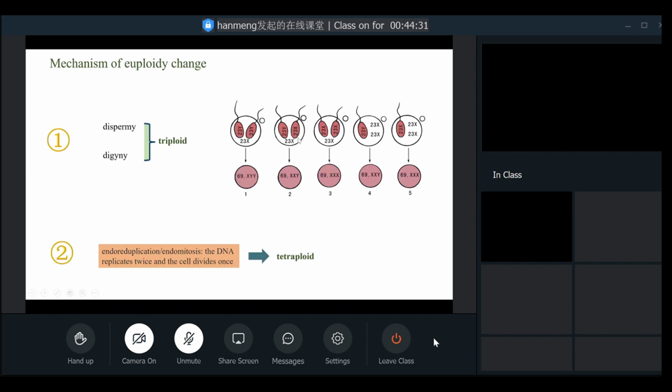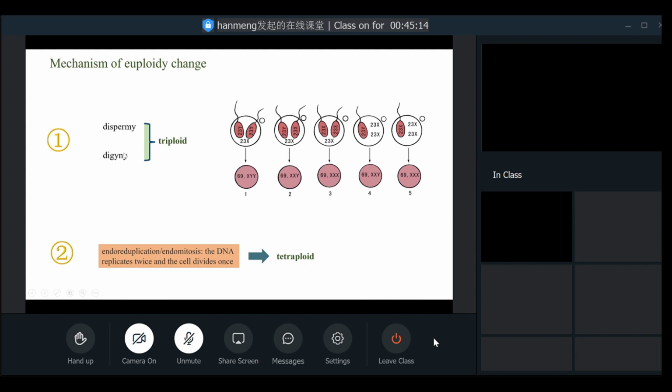The other is the first 3 is also 2 sperms, the dispermy, 2 sperms into 1 egg cell. But the sex chromosome of the sperm may be YY or YX or XX. So the sex chromosome type may be XYY or XXY or XXX.